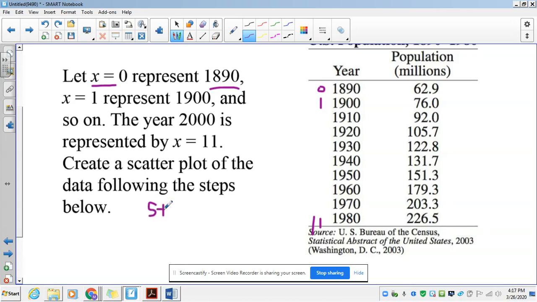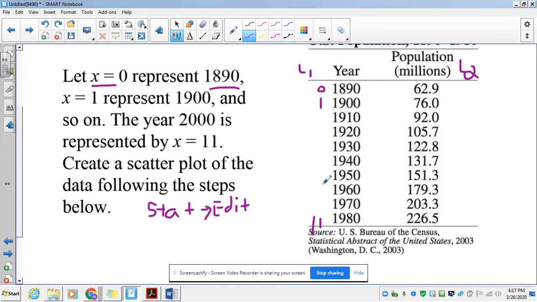Go to stat, and then hit edit. All of L1 would be the year in terms of 0 through 11. All of L2 is exactly what we see here. No need to change it at all.